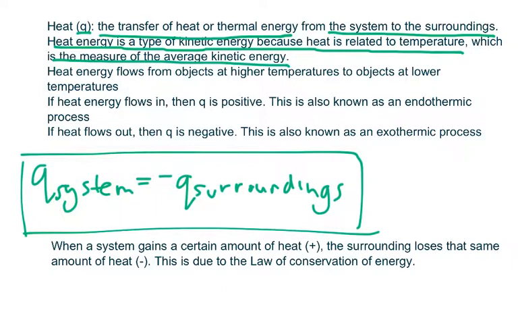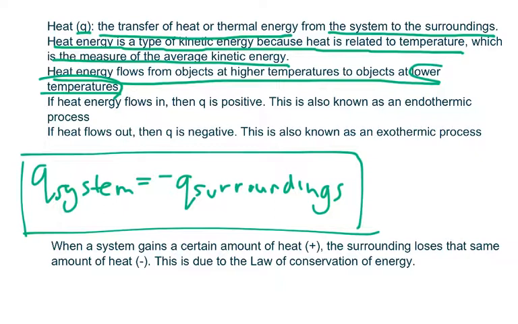Heat energy flows from objects at higher temperatures to objects at lower temperatures. This makes sense, since if you have a cup of boiling water, the boiling water will have the higher temperature, and the heat energy from the boiling water will want to travel into the air, and as a result, the cup of boiling water will cool down because it is releasing heat into the area at a lower temperature, which is the surroundings.